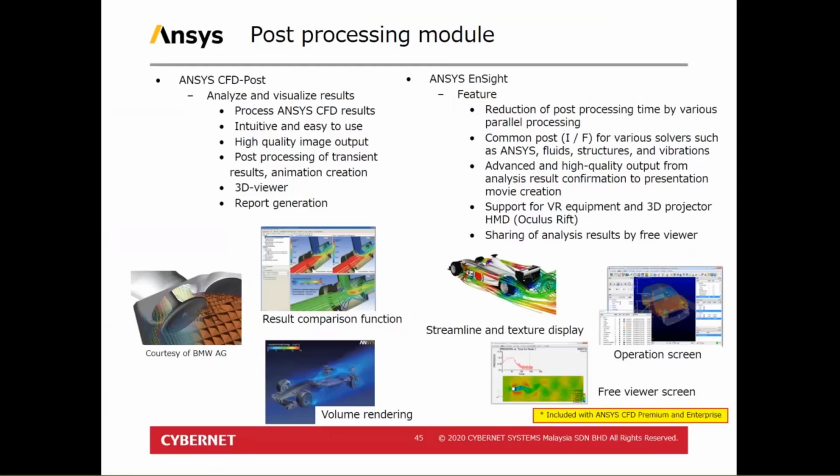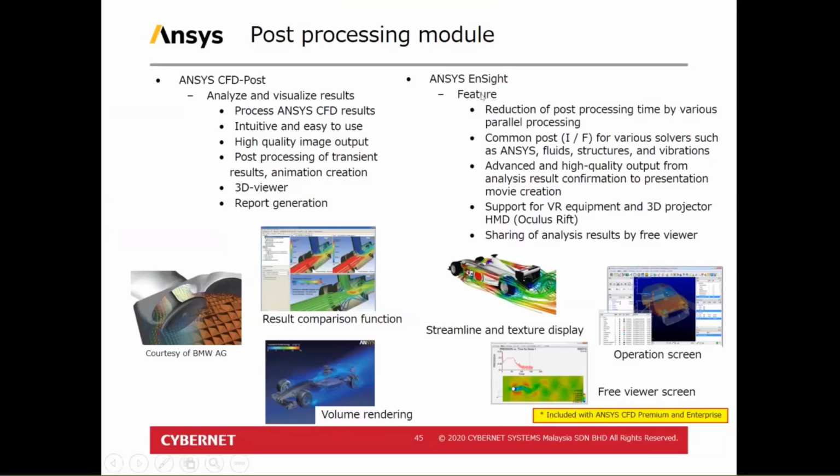And I think the Ansys CFD Post is a more advanced CFD post processor. So you can use Ansys CFD Post if you want to analyze the results in more detail.